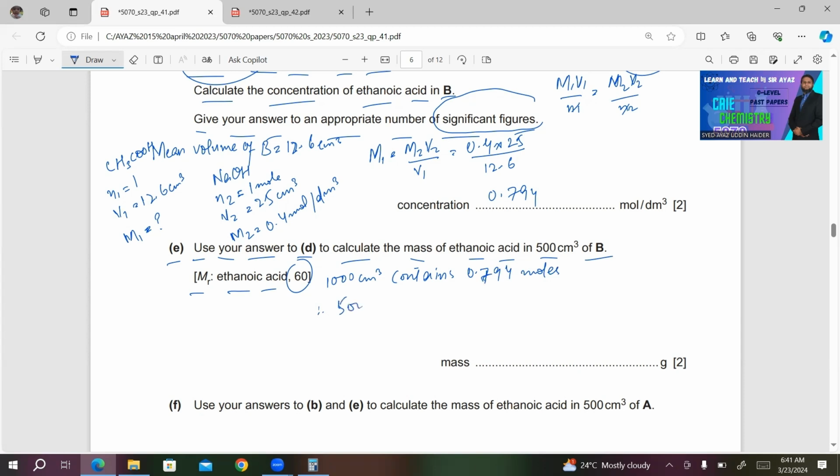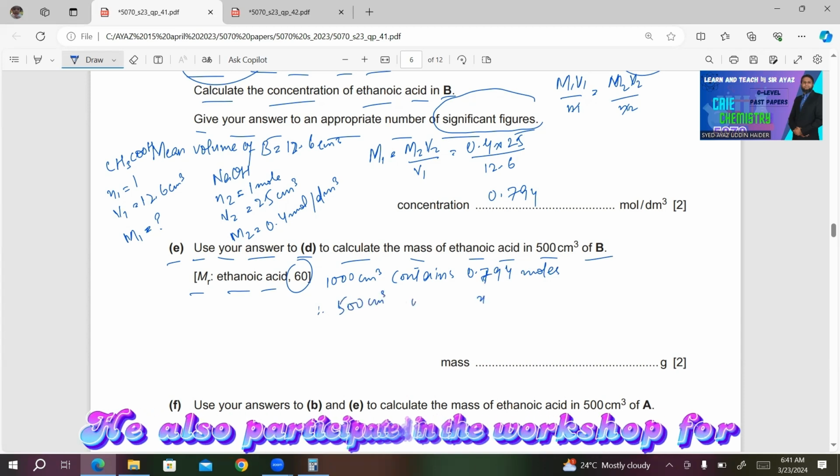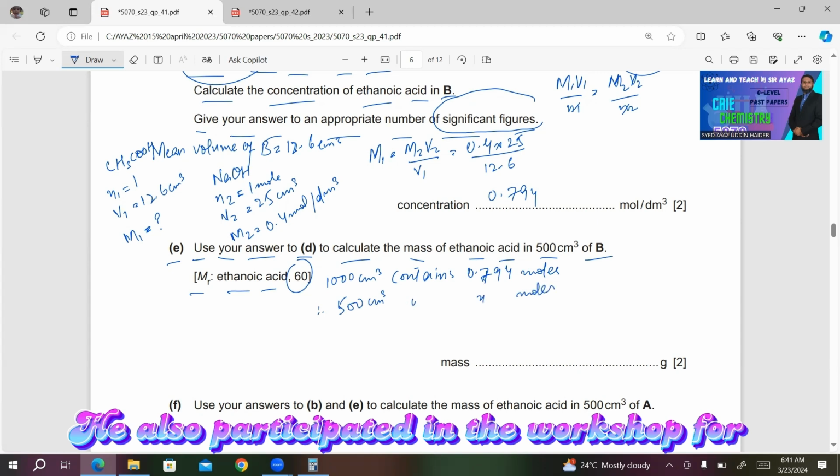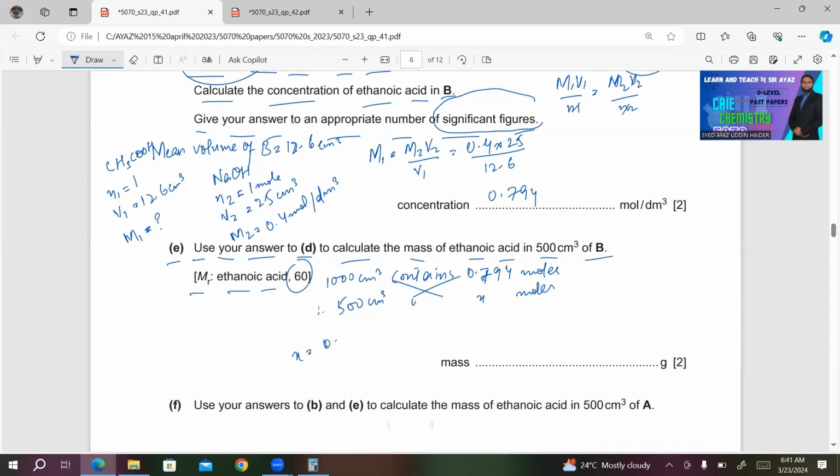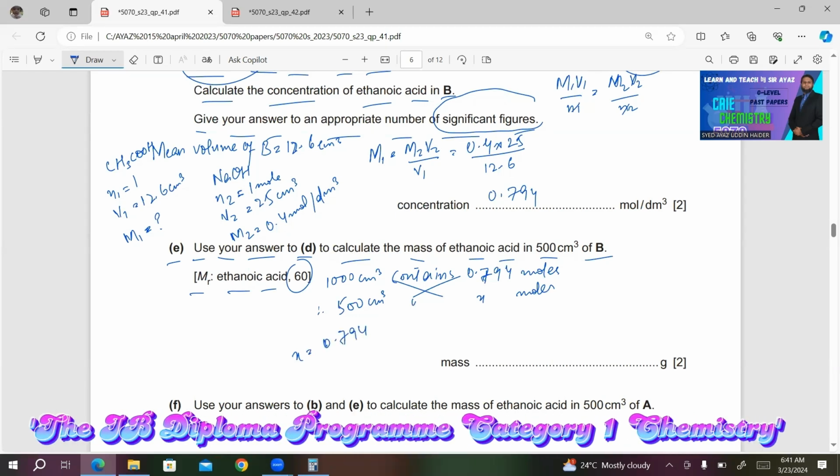Therefore, 500 cm cube contains X moles. Do the cross, we will get X is equal to 0.794 multiplied by 500 divided by 1000.